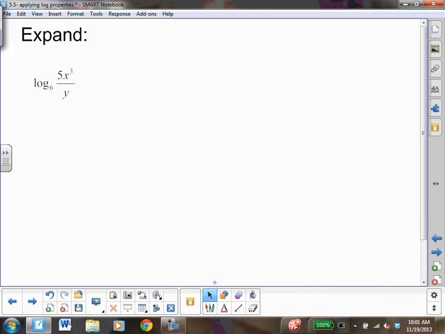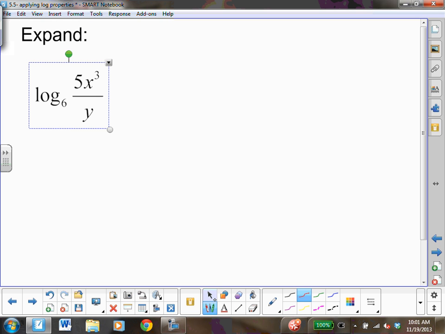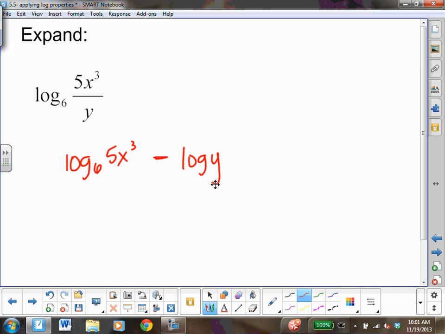All right, so let's expand with several situations. Whenever you're expanding, the first thing you want to do is separate the fraction. So the first thing I'm going to say is the log base 6 of 5x cubed minus the log of y.